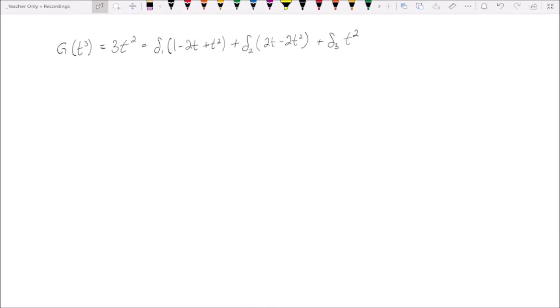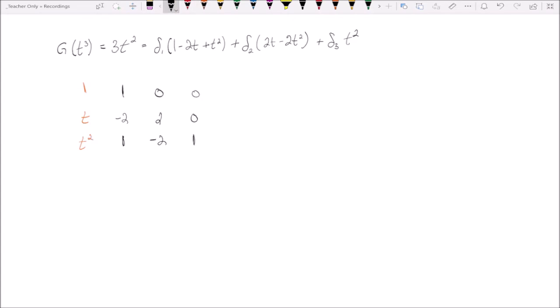So the coefficient matrix, first column will be 1, negative 2, 1. Second column will be 0, 2, negative 2. Third column will be 0, 0, 1. Notice that row 1 represents the constant. Row 2 represents the coefficient of t. Row 3 represents the coefficient of t squared.